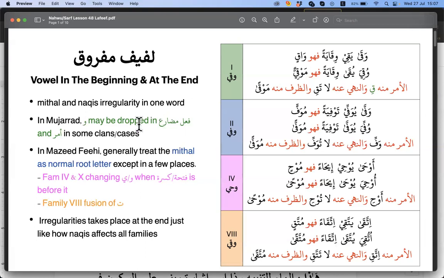So the only thing that gets changed in misal, in mazid fihi, is in family 4 and family 10, because the waw and ya can get changed. The root can be waw or ya, and it will change to waw or alif or ya depending on the haraka before it.